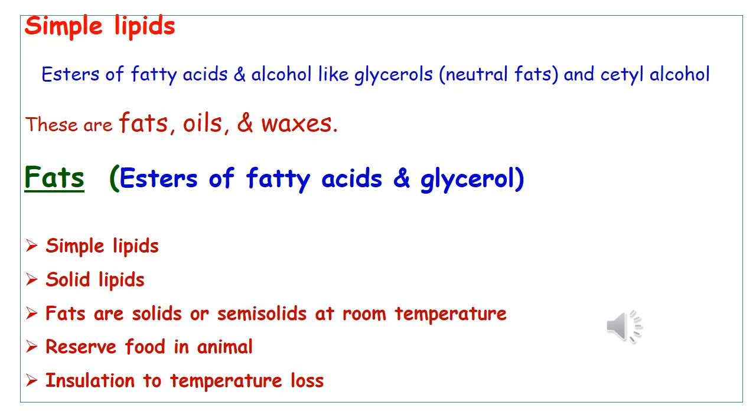What are the characteristics of fats? Fats are simple lipids, solid lipids. Fats are solids or semi-solids at room temperature. It's a reserve food in animals. It gives insulation against temperature loss.